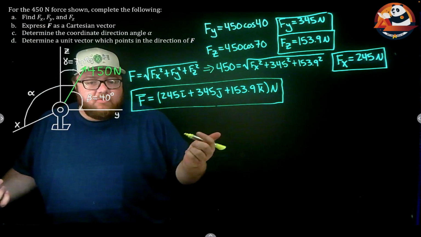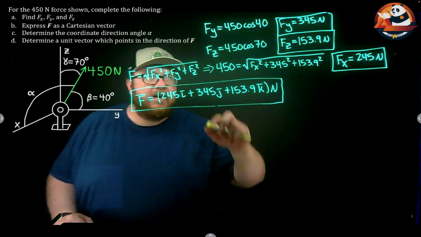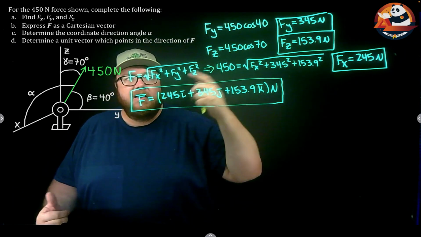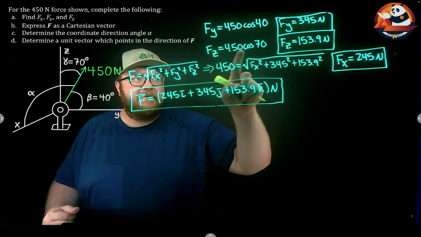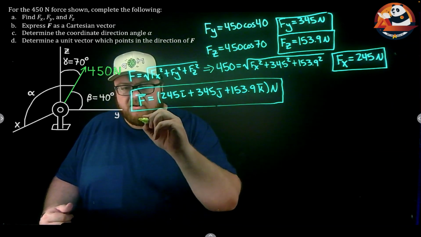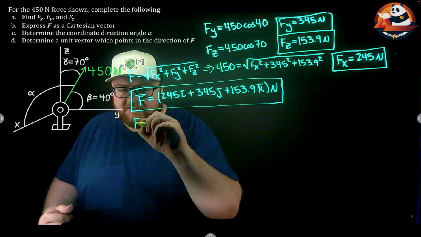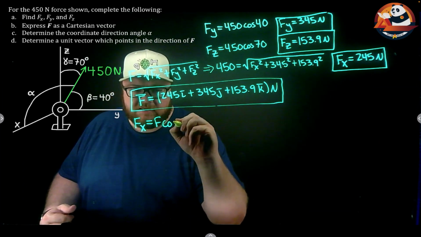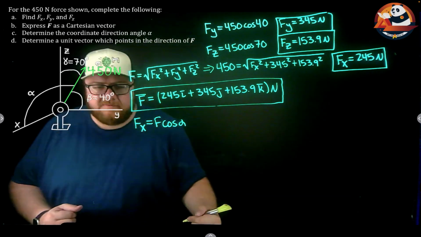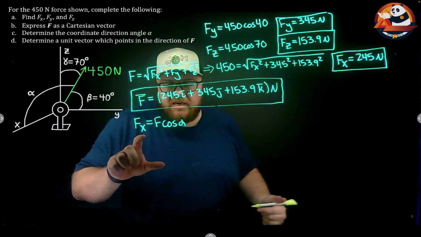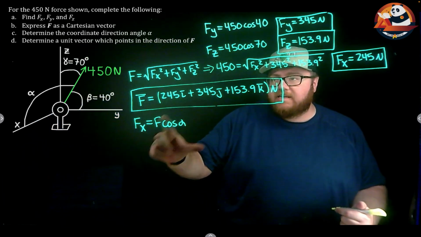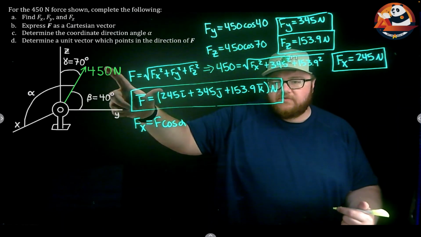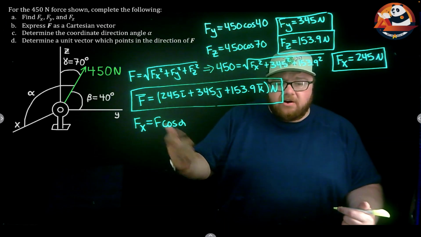We can also figure out what is alpha at this point. We used before Fy was F cosine beta, Fz was F cosine gamma. Really, I can do that same thing for Fx. Fx is my force times the cosine of alpha. But again, as I come in and do this, I know Fx, I found that just a minute ago, is 245. I know F is 450. Alpha is my only unknown in there.